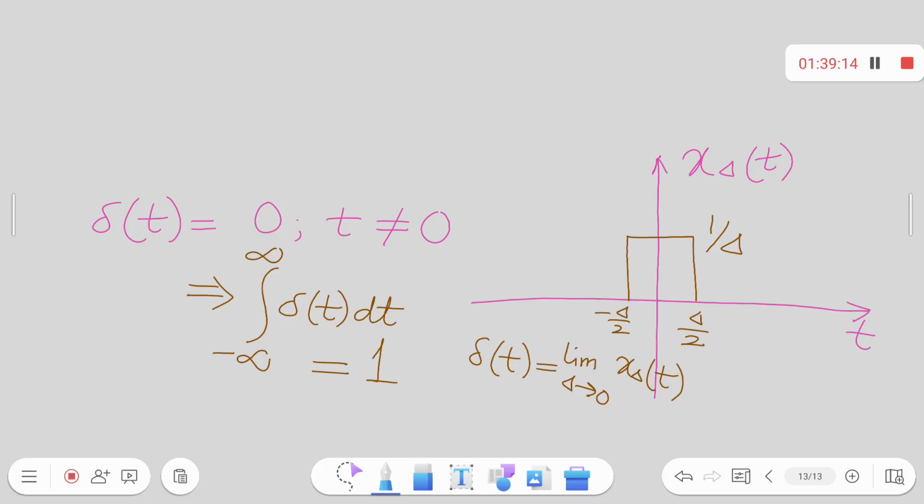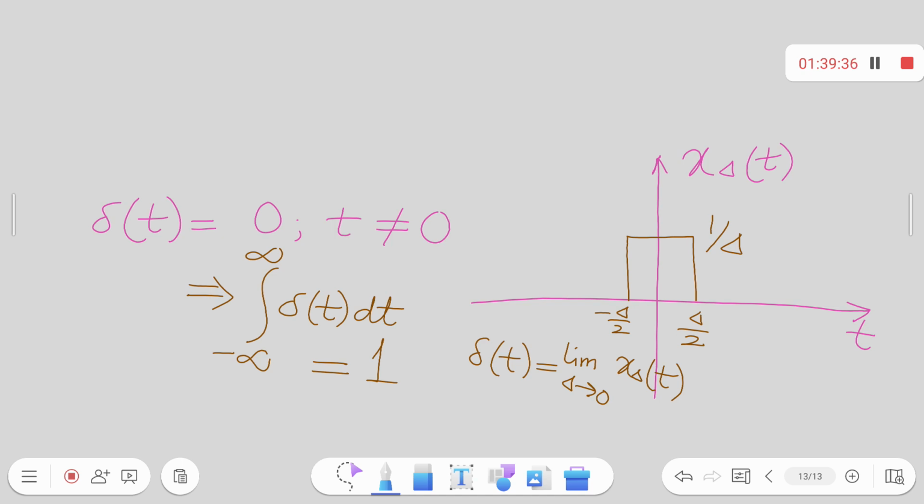So while defining the delta function, you have to provide two different definitions. First one is that this is a kind of function which is not defined for any value of t other than 0. It is only defined for t is equal to 0. But at t is equal to 0, we cannot define it properly.